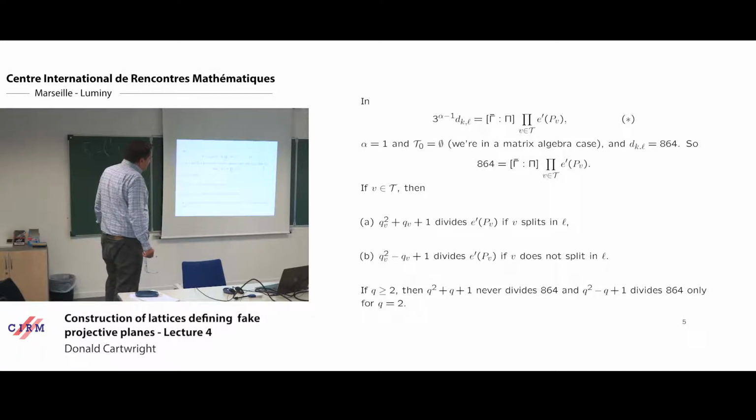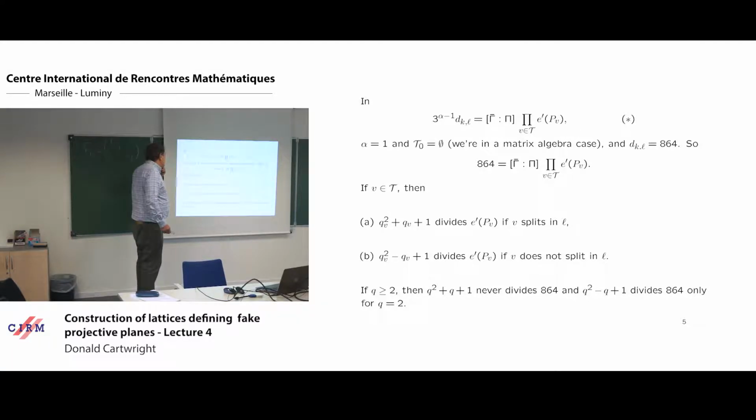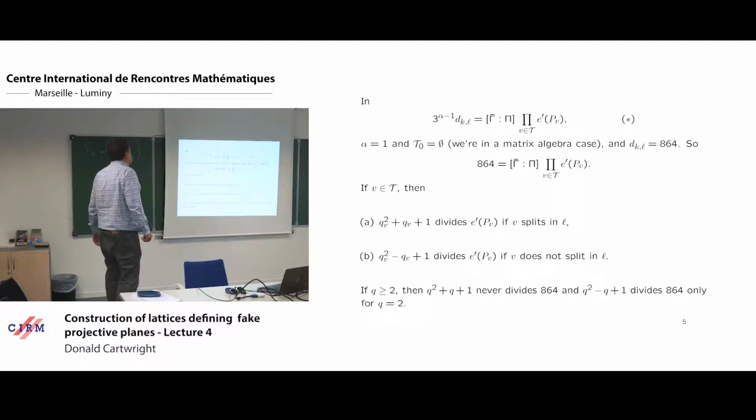And there are these factors E prime of PV which appear in Gopal's volume formula. Rather than listing all of them, I'll just mention that if phi splits, then this term divides E prime of PV. And if phi doesn't split, this term divides E prime of PV.